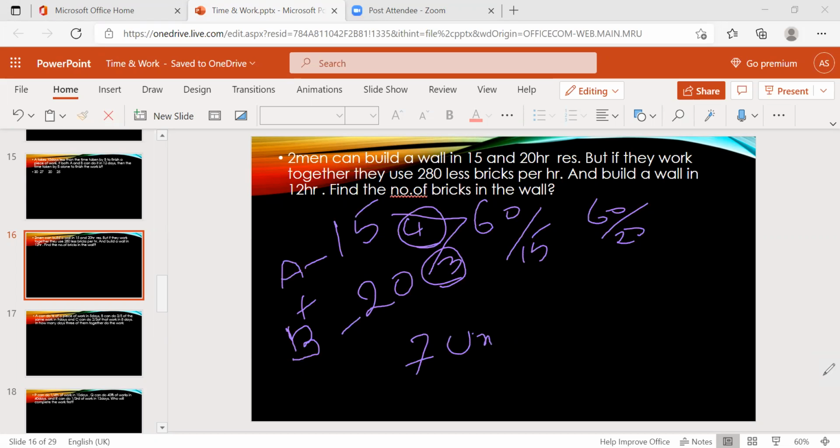But they said together they work in only 12 hours. So 7 units means 60 by 7.